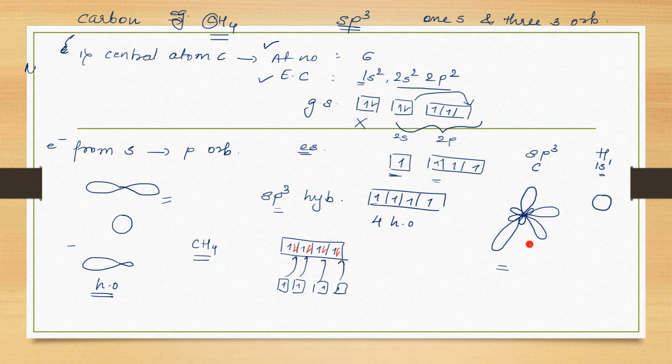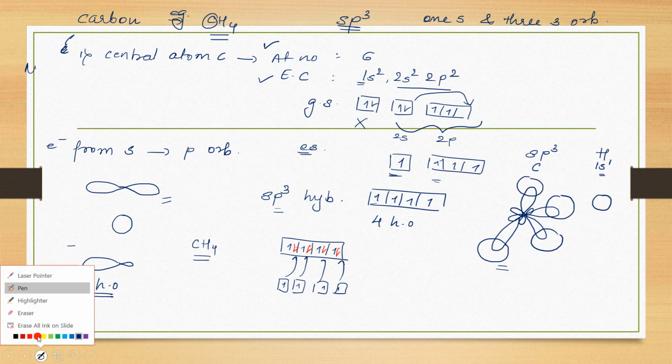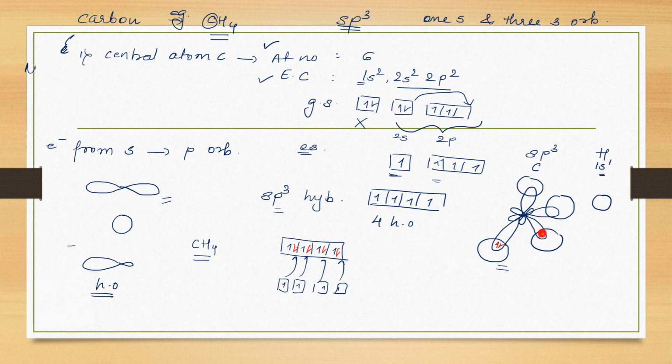So let's see what happens for methane. So here four hydrogens you can draw, showing the overlapping, and in each shared part you can show two electrons, of course with opposite spin. Getting it? Okay.